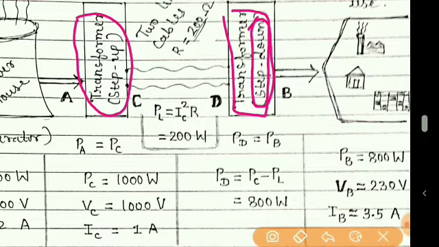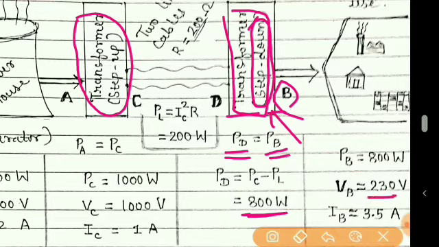Now when the transformer is used here to decrease the voltage, again the transformer is considered ideal transformer, so there will not be any loss of power. So whatever the power is at point D will be same as at point B. But here the voltage is reduced to 230 volt.